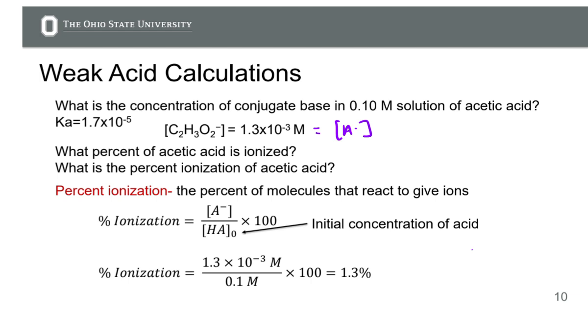Sometimes we want to know the percent of molecules that have ionized. If we're looking at a weak acid, it's the percent of molecules that react to give ions, and the ions are going to be A minus in this case.